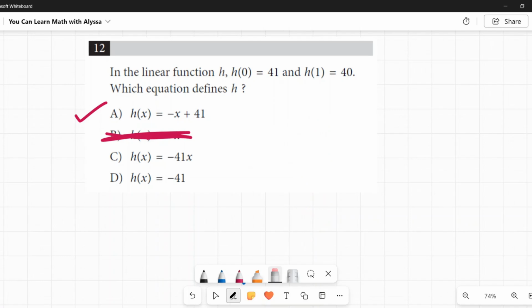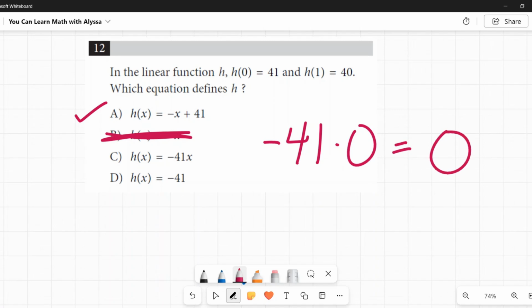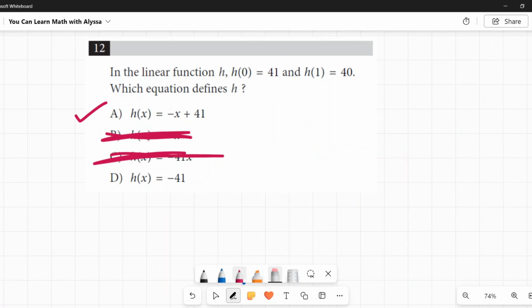Then we have C, negative 41 times x. Again, I'm going to put 0 wherever there's an x. Negative 41 times 0 is 0. I did the math, I got 0. I did not get 41, so C is out. And last but certainly not least, h of x equals negative 41.